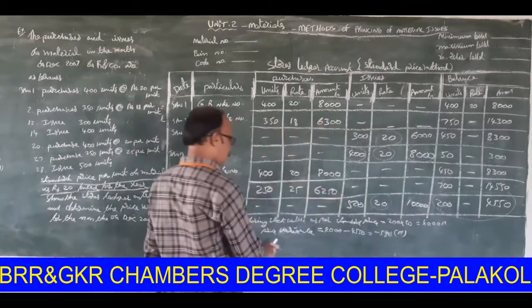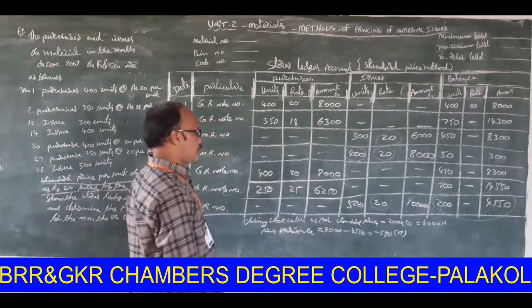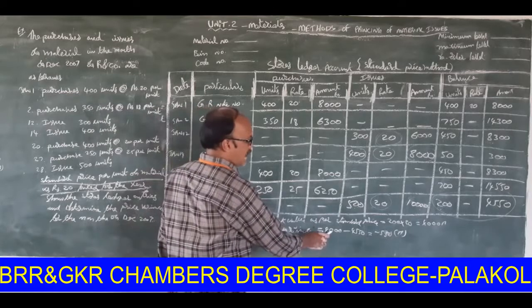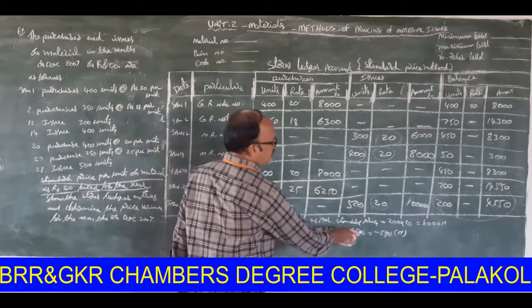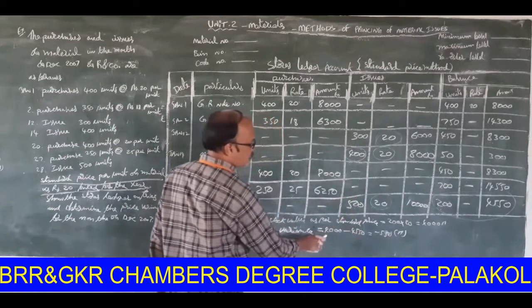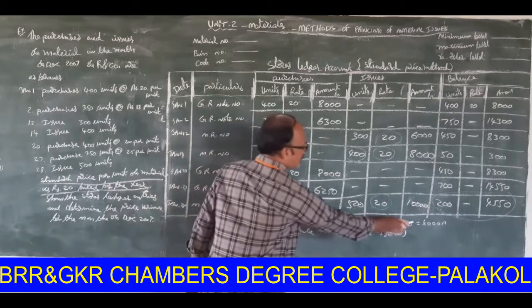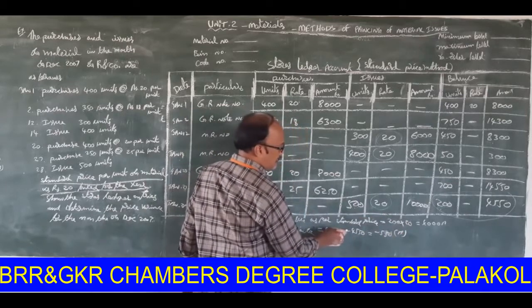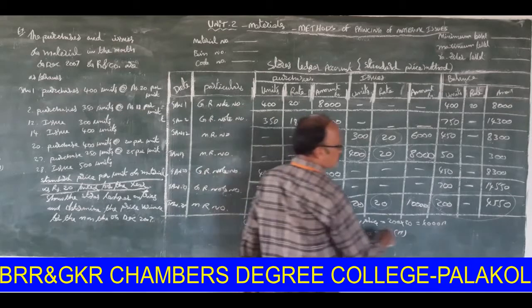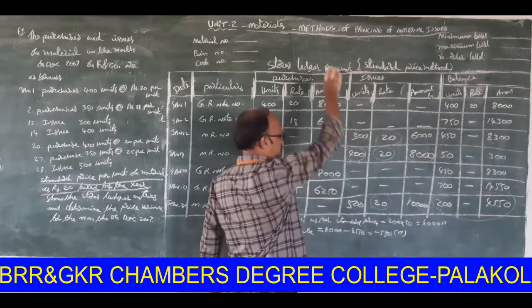So next, price variance is equal to closing stock value as per standard price minus actual closing stock value. That is 4,000 minus 4,550, the closing stock value as per stores ledger account.